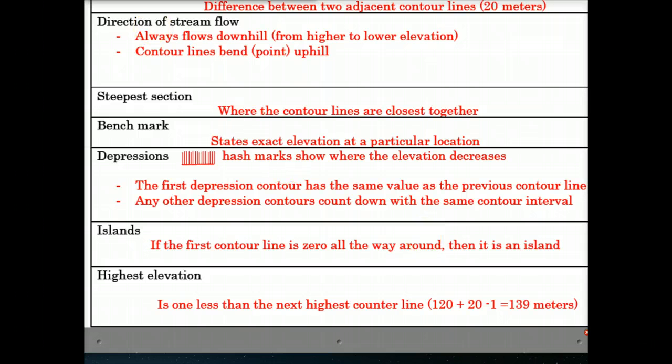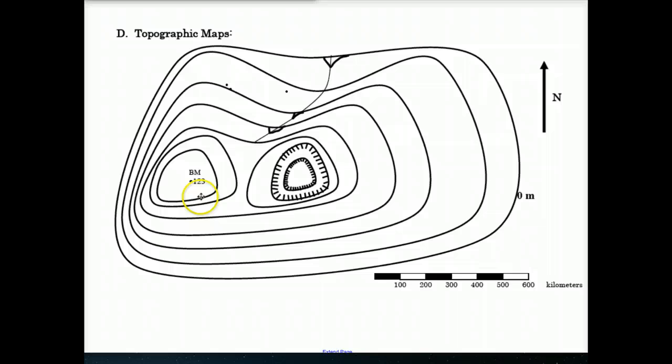In this case, if this line right here is 120, the highest elevation any hill could be in here would be 139, because there is no line here that says 140. So the highest elevation it could possibly be is 139.